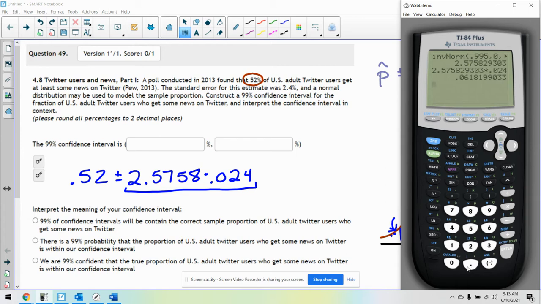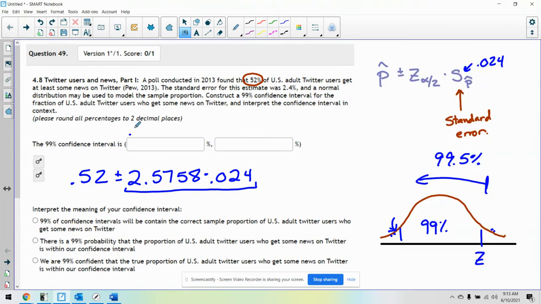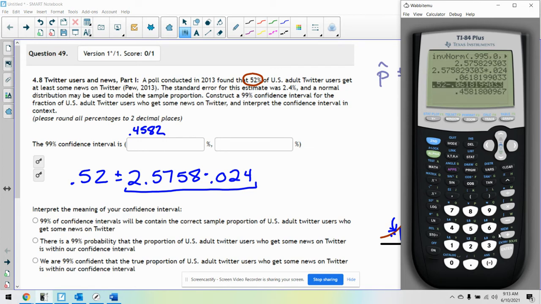So I'm going to take my point estimate, 0.52, and subtract that. That'll be my lower bound. So it looks like we'll have 0.4582. And then I'm going to take that same thing, but I'm going to change that minus to a plus.